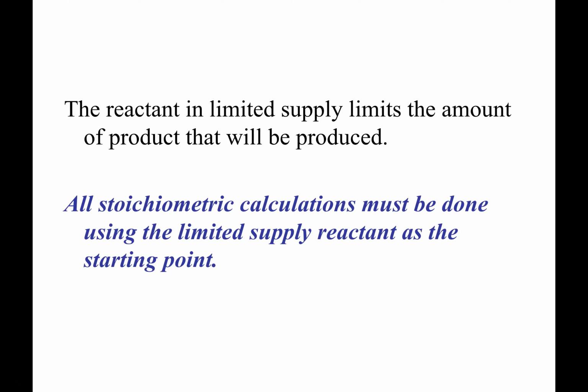I'm going to have you do some simple stoichiometric calculations going from the amount of something to the amount of something else, and I will tell you what's in excess. But on your Unit 2 exam, I will also have you tell me which is the limiting reactant. You can't guess, you have to show me why. There are a couple of other ways you can identify a limiting reactant. Okay?